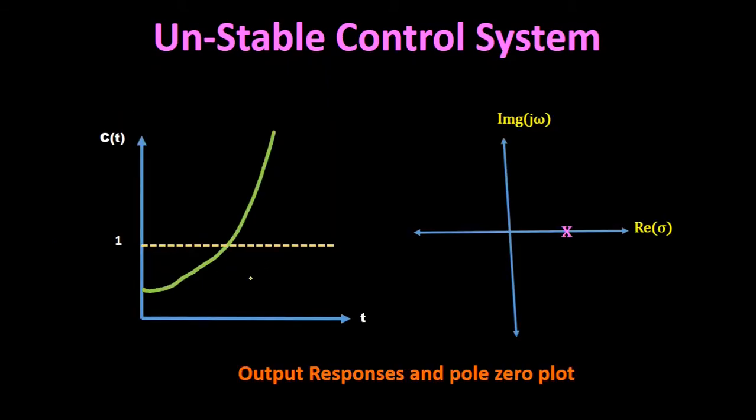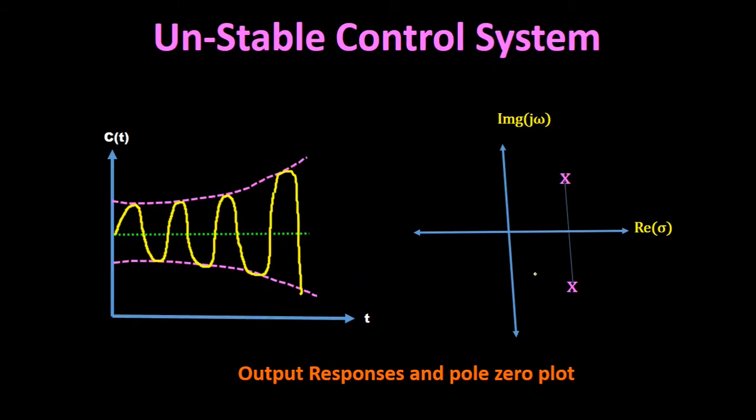Next, we will see the output responses of unstable systems and their pole-zero plots. In this diagram, one pole is existing in the right half of the s plane. For such a pole diagram, we have the output response like this. Second, when complex conjugate poles exist in the right half of the s plane, then the output will be oscillation with increasing amplitude.